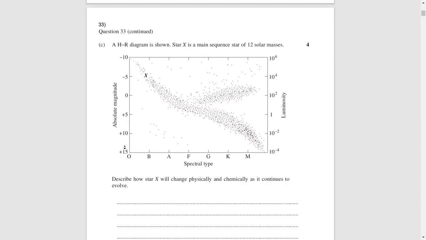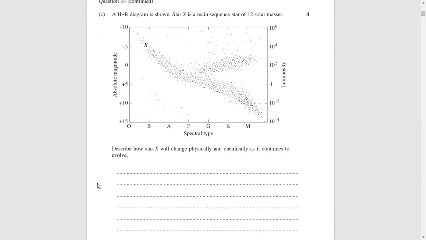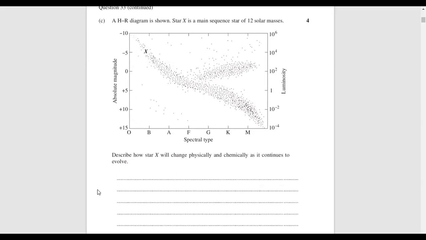All you basically need to get from the Hertzsprung-Russell diagram is what type of star star X is. Star X being 12 solar masses, it's probably going to be big enough to become a black hole. So we will talk about how this changes.